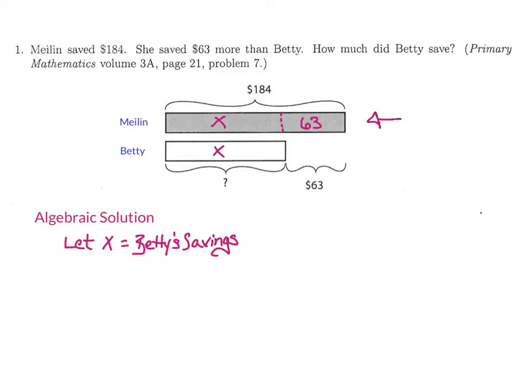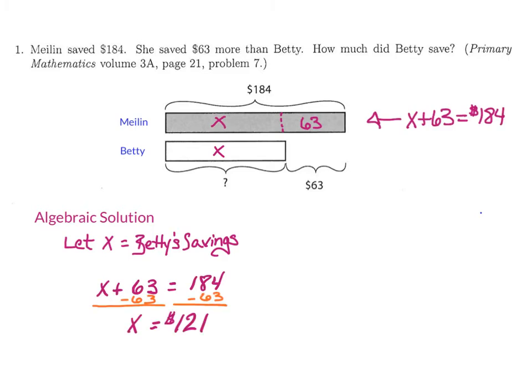So this bar represents x plus 63, and we know that's equal to the $184. Solving the equation, we subtract 63 from both sides, and we'll end up with x equals $121, which represents Betty's savings.